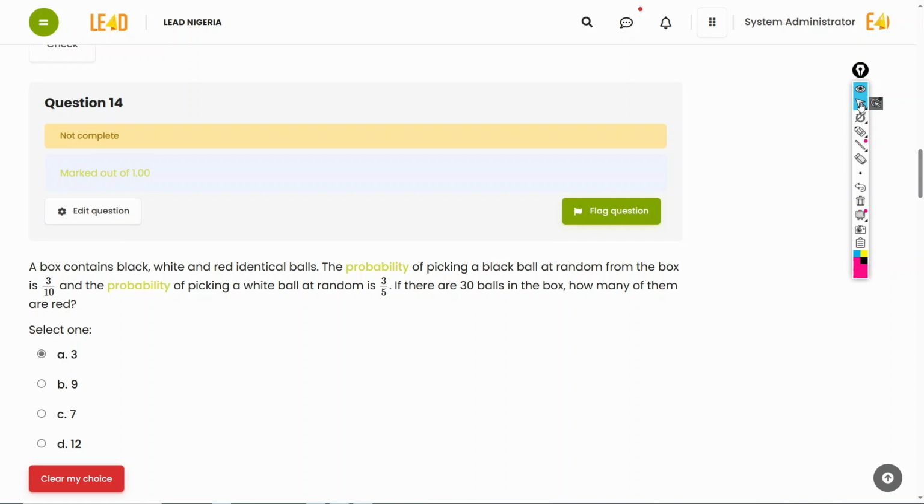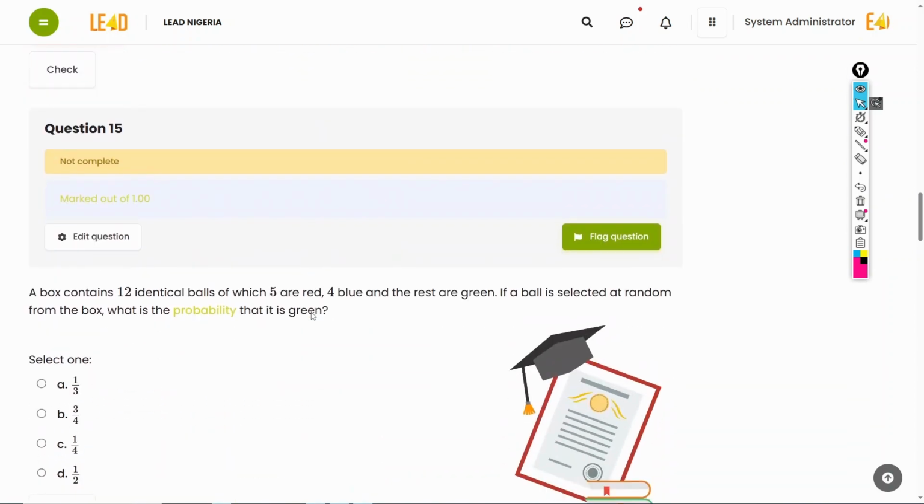Okay, so question 15, let's go. A box contains 12 identical balls. 5 are red, 4 are blue, and the rest are green. Okay, so let me draw this out.